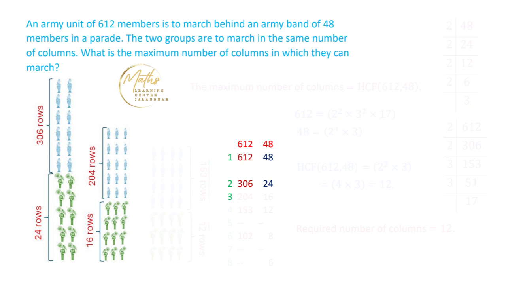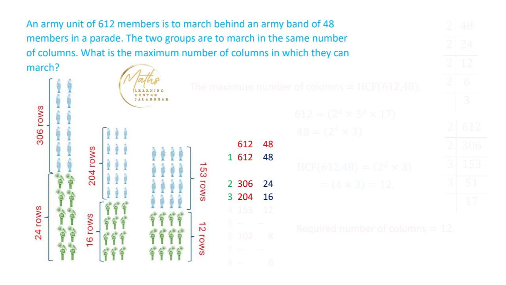Next, if they are arranged in 4 columns, there will be 12 rows for the persons from the band, and 153 rows for the persons from the army. So if we use 4 columns to arrange them, we have the situation in this form.